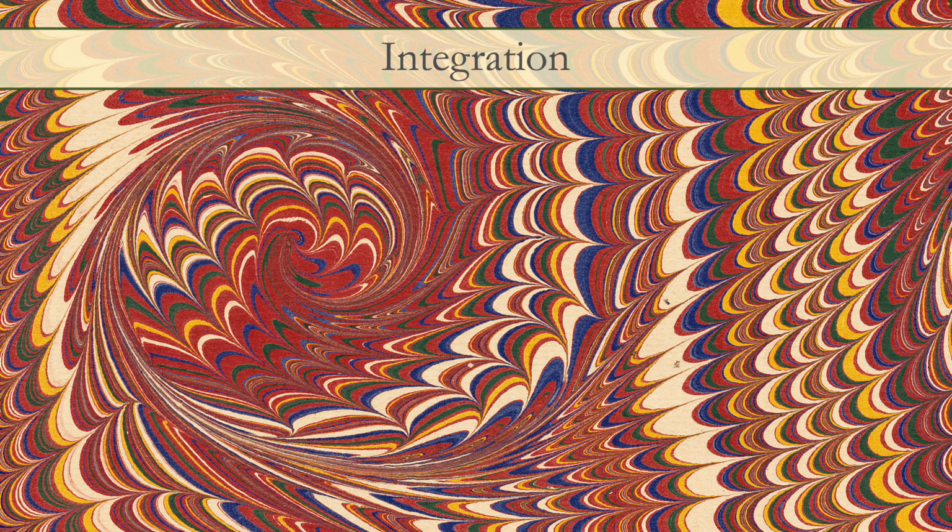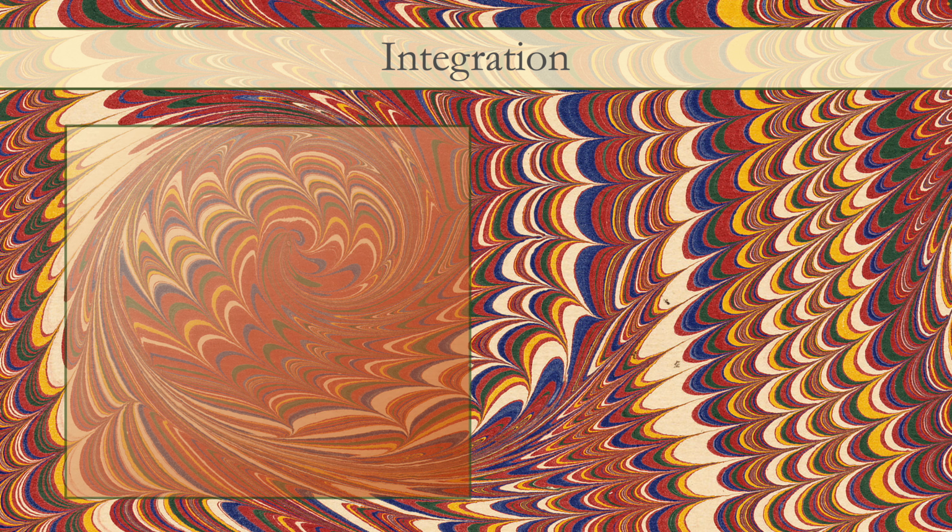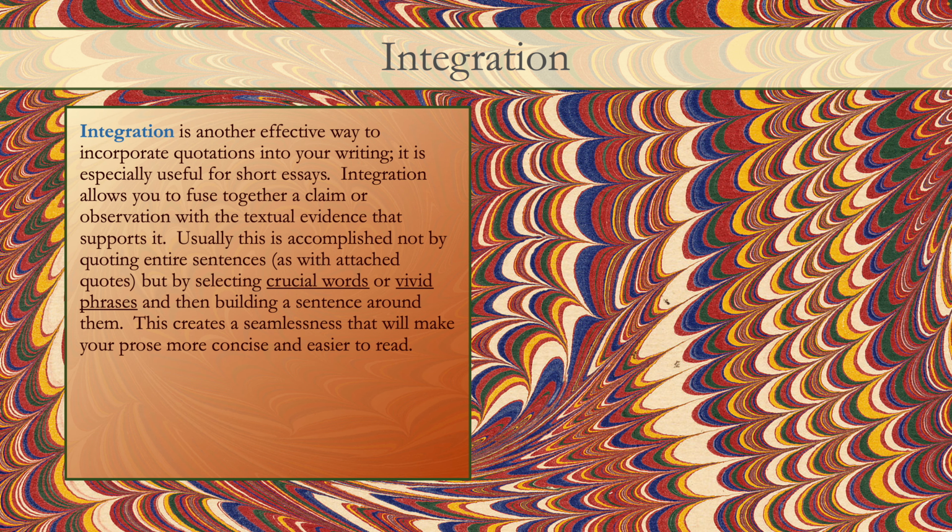So finally, we're going to talk about integration. This is another effective way to incorporate quotations into your writing, and it's very useful for short essays where you don't have a lot of space. Integration is the most difficult of the 3 methods, but it allows you to fuse together your claim, your observation, with the textual evidence that you're going to use to support it.